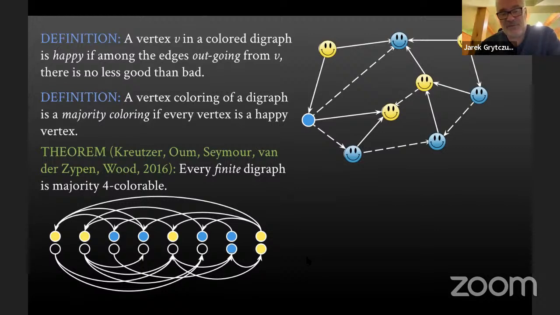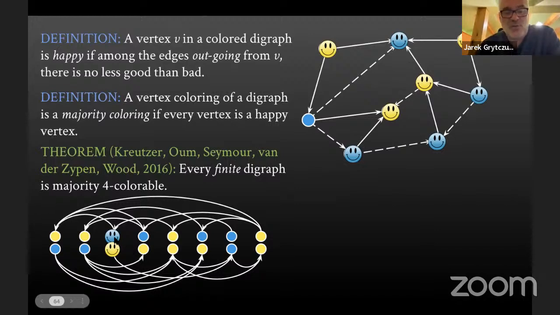In the second phase of this process, we do exactly the same, but from right to left, on the lower copy of our digraph. At the end of this process, we have vertices colored by pairs of colors. For every vertex, its upper copy is happy to the left and the lower copy is happy to the right.